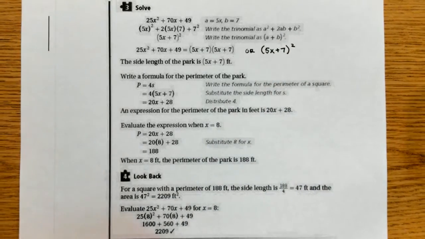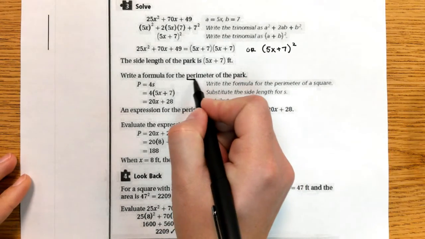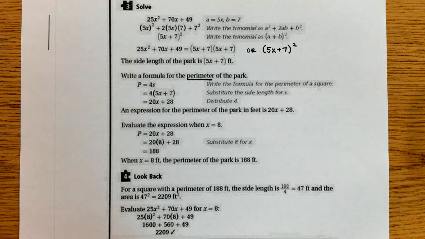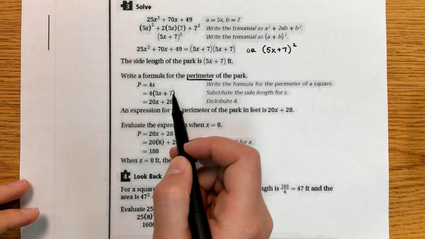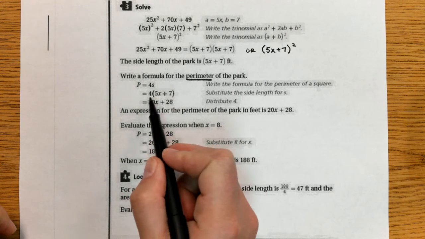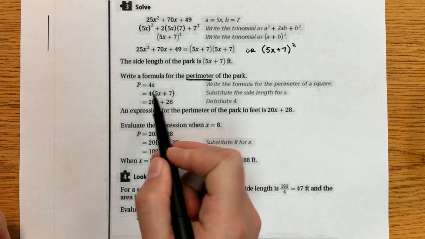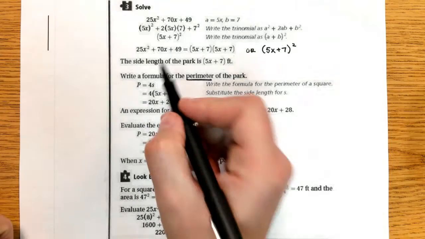Okay? And then from here, we are going to find the perimeter. Remember, perimeter is the distance around the outside. And there's 4 sides of our square that are the same. So 4 times our side length is 4 times 5x plus 7. Now you can use this expression right here to substitute in the length of 8, or you can distribute this 4.